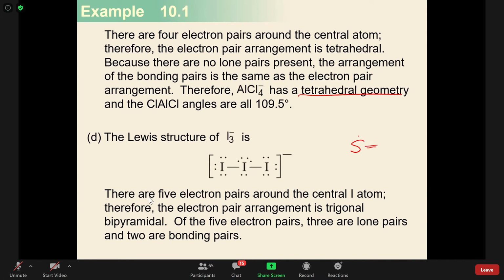And this is an important point, so perk up and pay attention here. This is our Lewis structure for CO2.